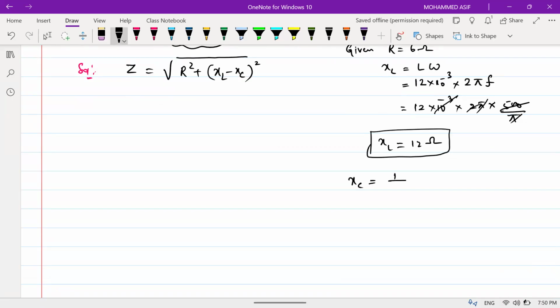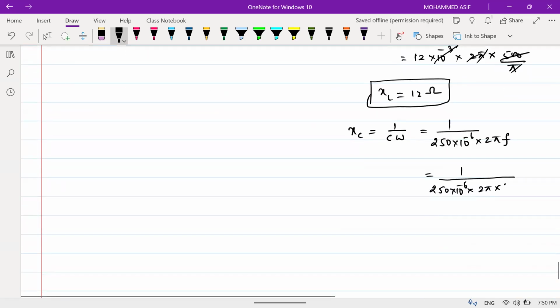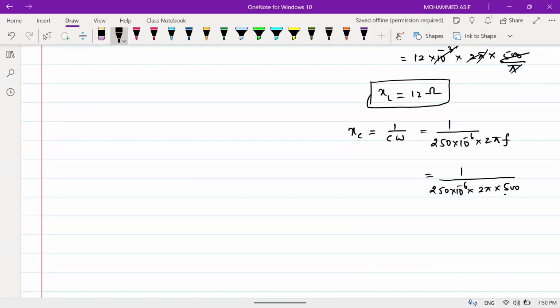Then calculate XC. XC is equal to 1 by C omega. Omega is 2 pi into F, and C is equal to 250 microfarad, so 250 into 10 power minus 6 into 2 pi into F. F is given as 500 divided by pi, so this pi will get cancelled.